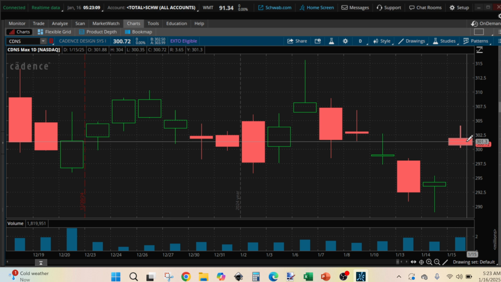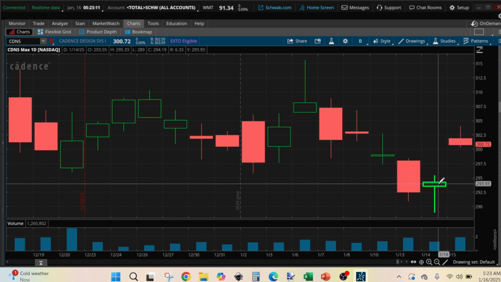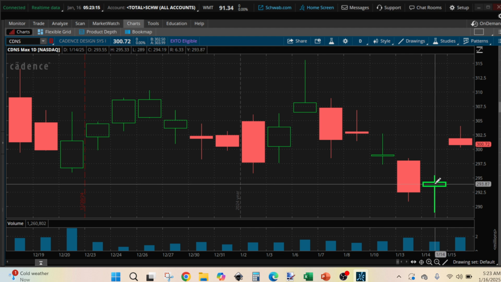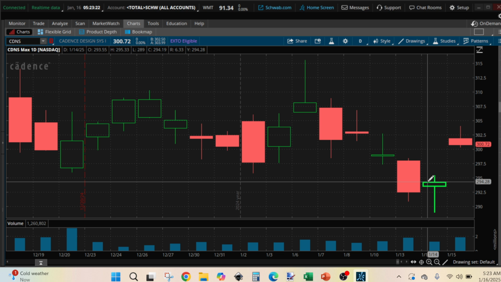For a green bar, the bottom width of the rectangle corresponds to the price when the market opened in the morning, and the top width of the rectangle corresponds to the price when the market closed in the evening.